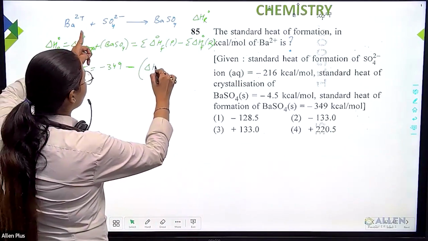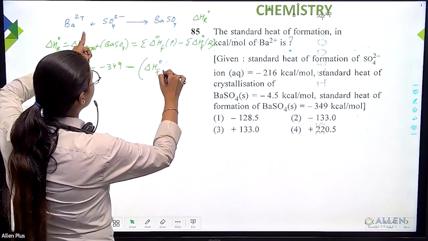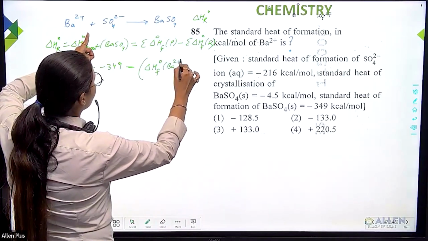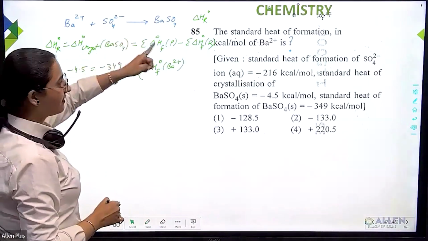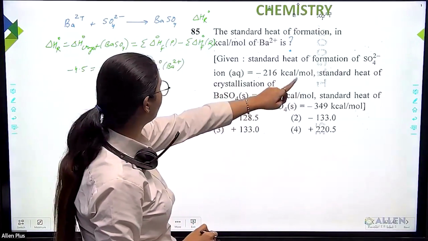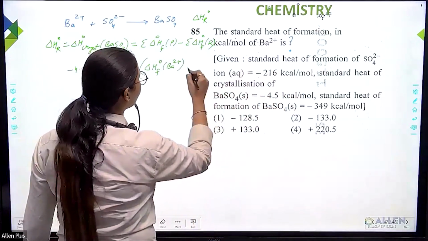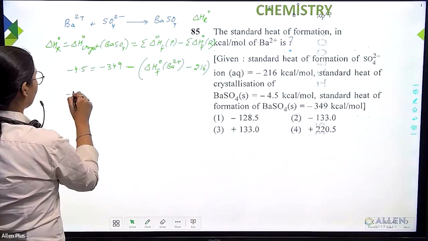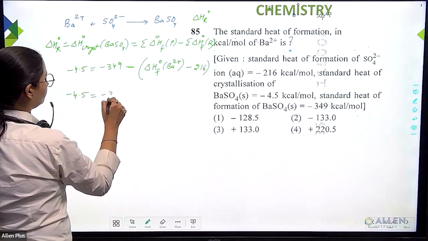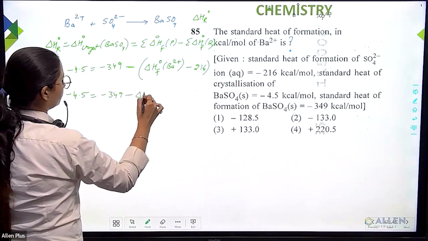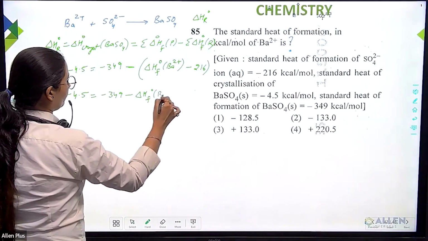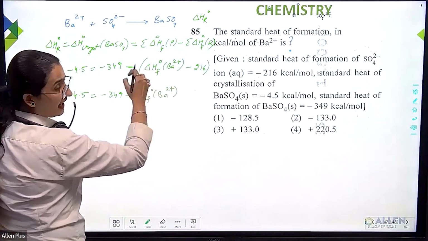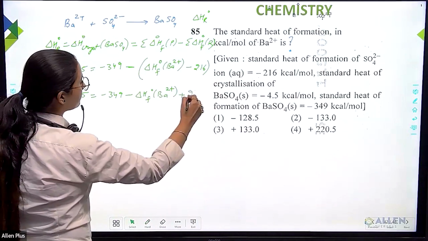We have standard heat of formation of Ba plus 2, and for sulfate the value is given. What is the value for sulfate? It's minus 216. So when I open this bracket, I get what? Take care of calculation, minus minus plus.